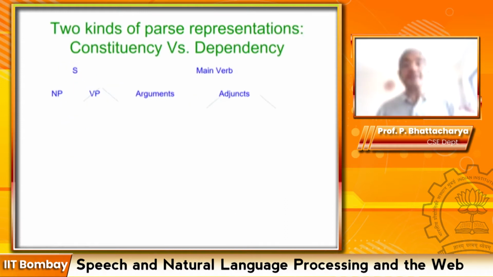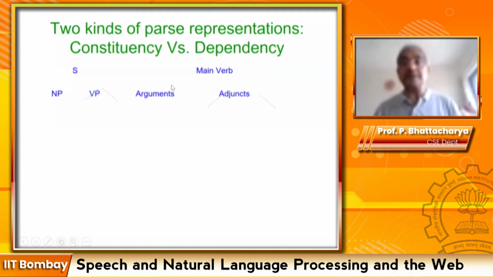The error percolates. So we have already mentioned there are two kinds of parse representations, constituency and dependency. I'm sorry, the arcs should have been placed properly. So there is a left arc going from S to NP and a right arc going from S to VP. Maybe the arcs are not very easily visible to you, but this is the structure.